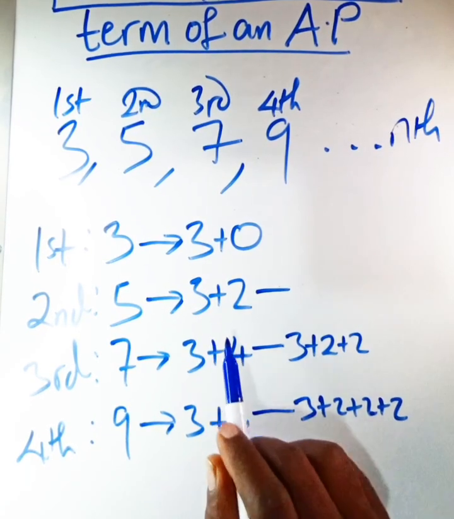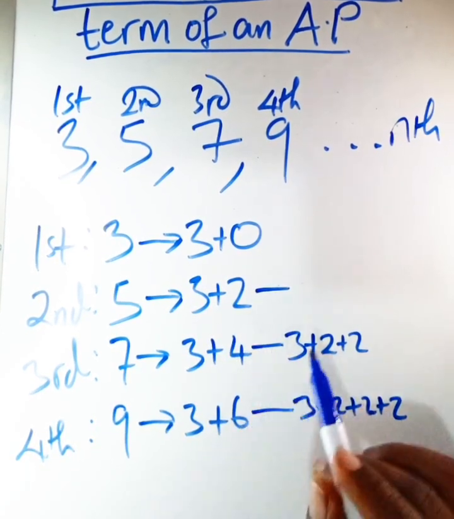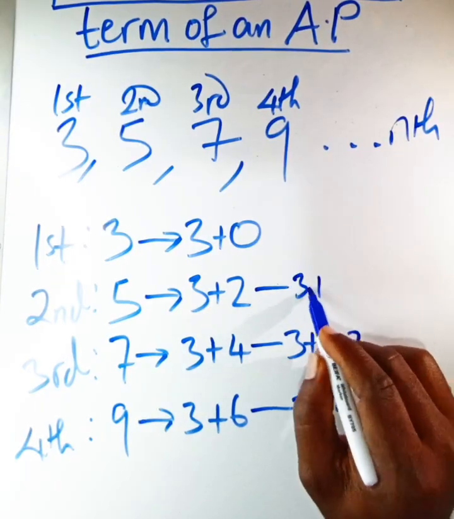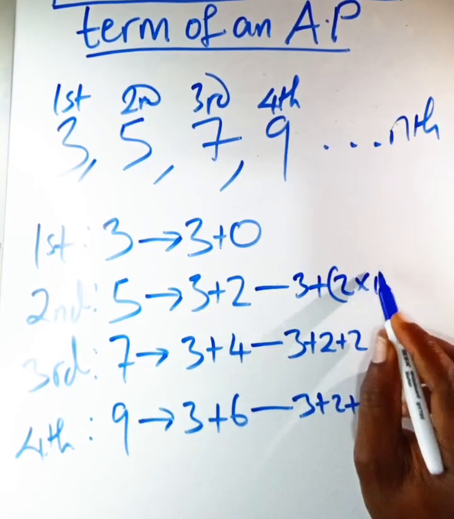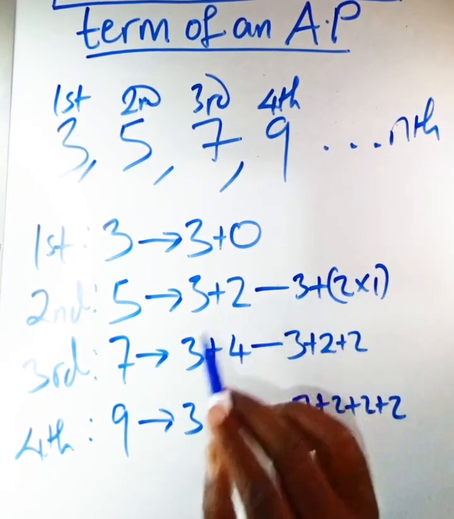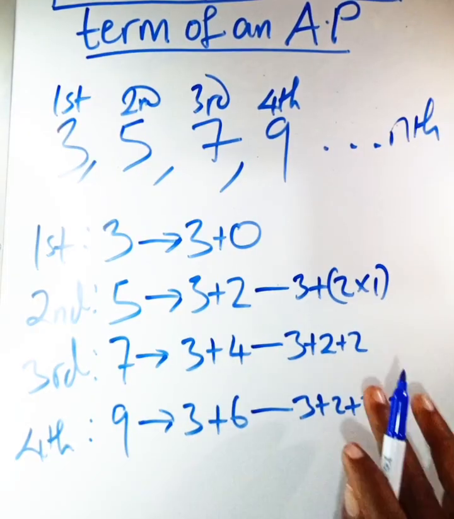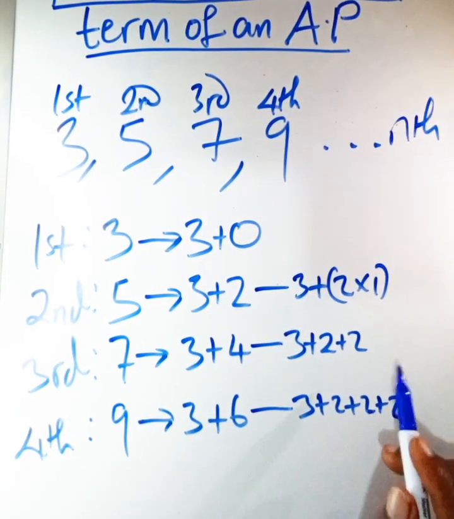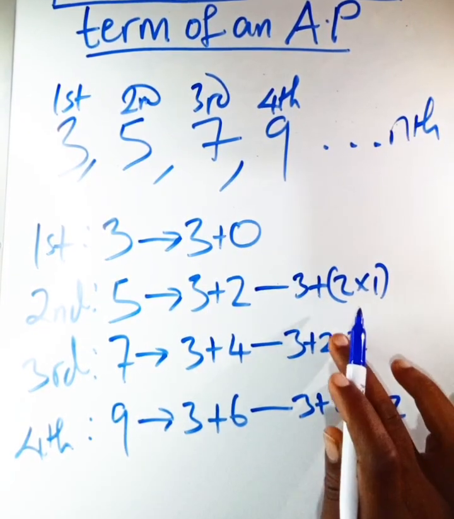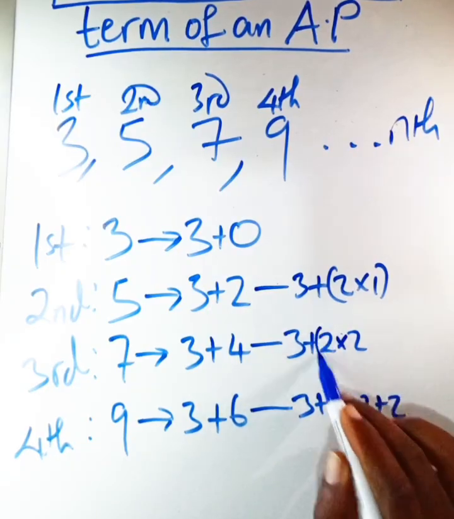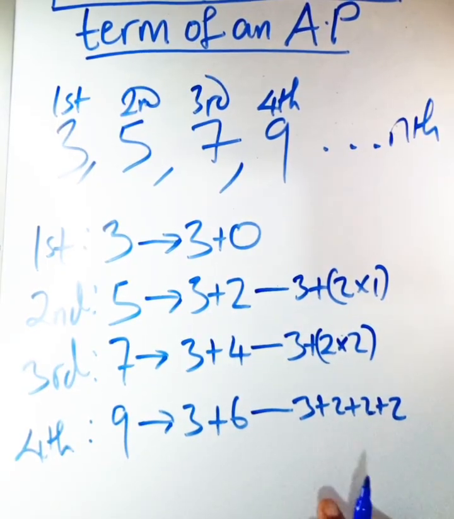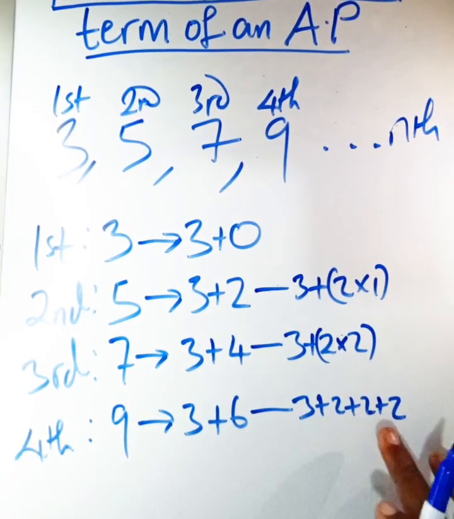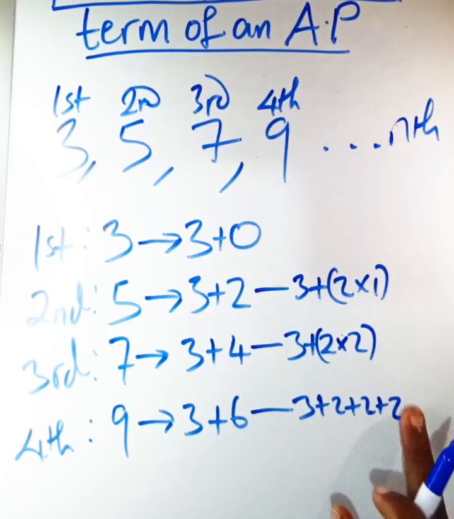So instead of having 3 plus 2, I'd rather decide to write 3 plus 2 times 1. Well, this will still give me 2, so I'm still going to get 5. And here, instead of having 2 plus 2, which is 4, I'm going to write it as 2 times 2. And in this next one, I'm going to write this as 2 times 3.